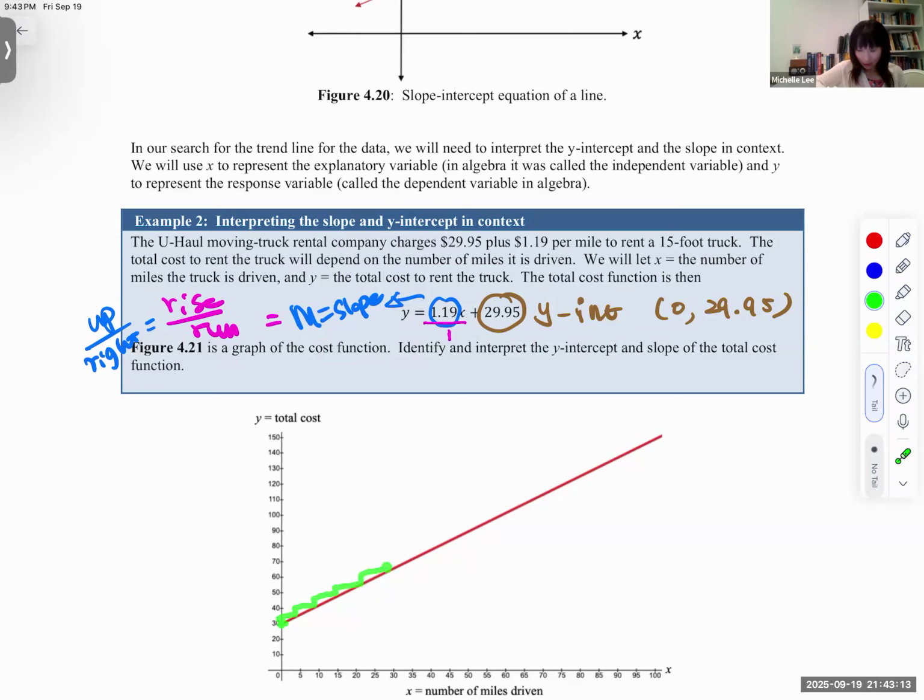So we have the points, and then we use a ruler and extend the line. That's how you drew it in the algebra course. Remember?